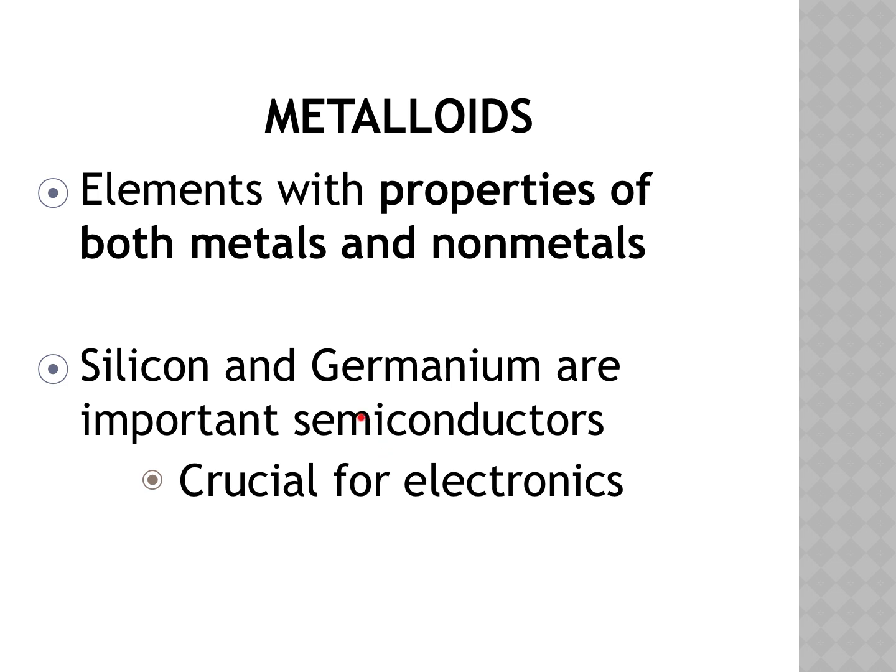Good. Sorta, okay? So semiconductors sorta conduct electricity like metals, not as good as metals, but they do a better job than non-metals, okay? And they're kind of like that gray in between, right? So there's not a hard line between metals and non-metals. Metalloids are kind of the in between.